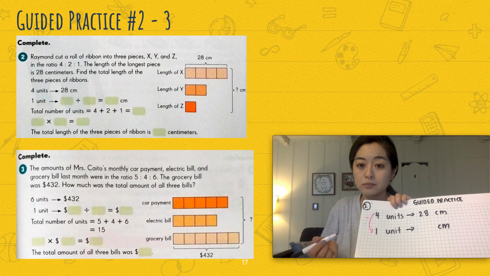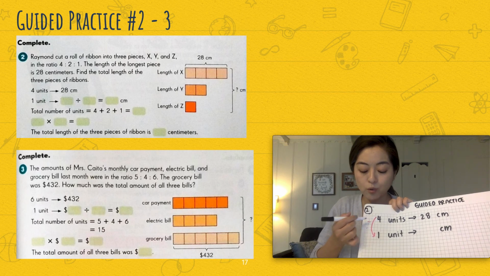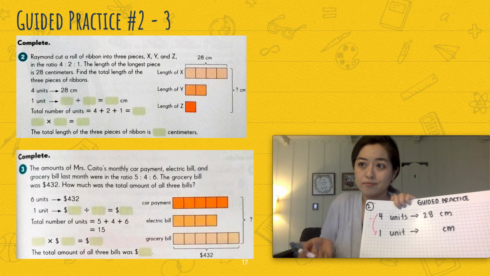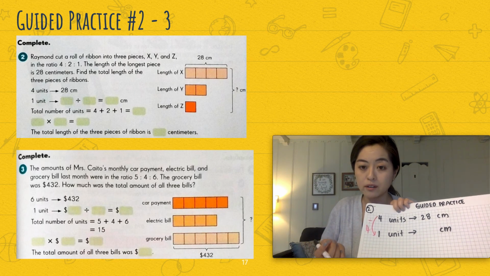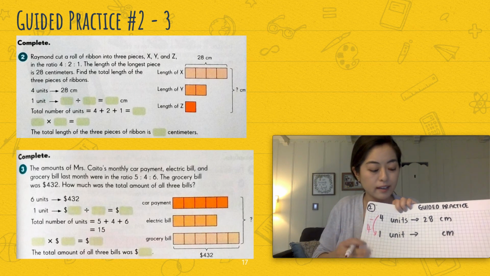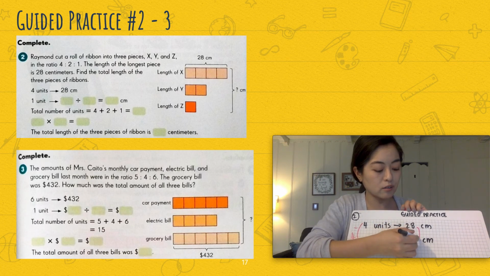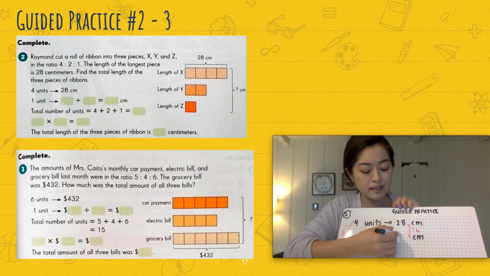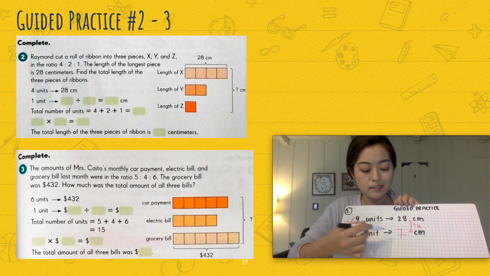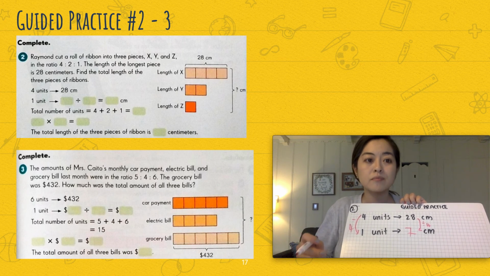The number got smaller. What do I divide 4 by to just get 1? By itself. So 4 divided by 4 is 1. Whatever I do on one side, I have to do it on the other side over here. What is 28 divided by 4? It is 7. So 1 unit is 7 centimeters.